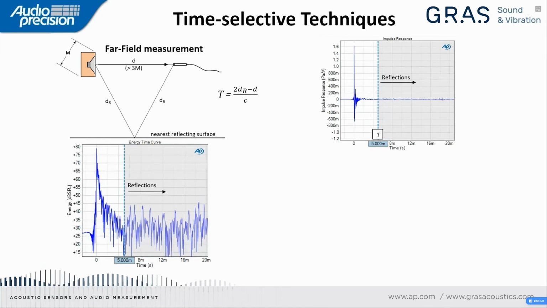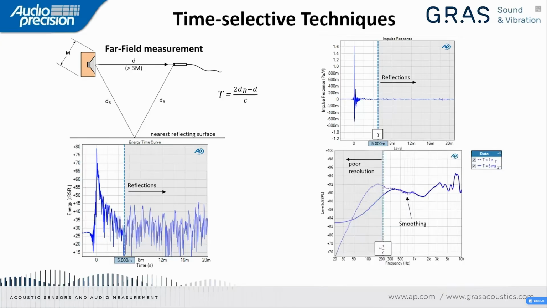Now, gating out reflections is great, but it does have some effect on low frequency response. And you can see in the graph bottom right of the screen that if the time window is set to 1 second, you get a different response than you do when it's set to 5 milliseconds.